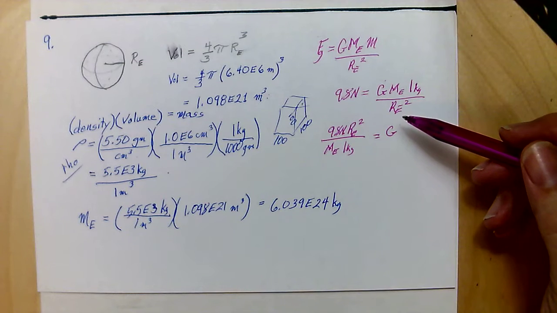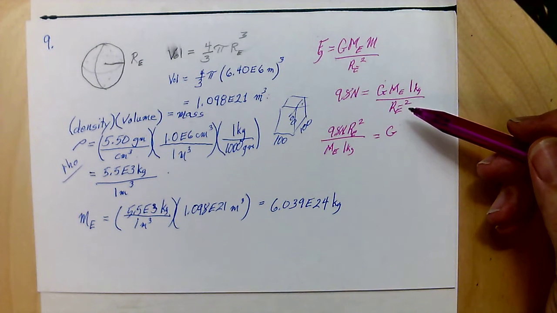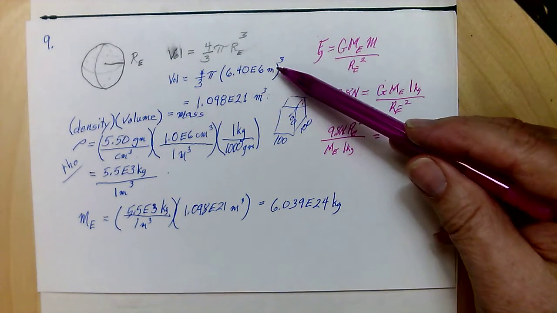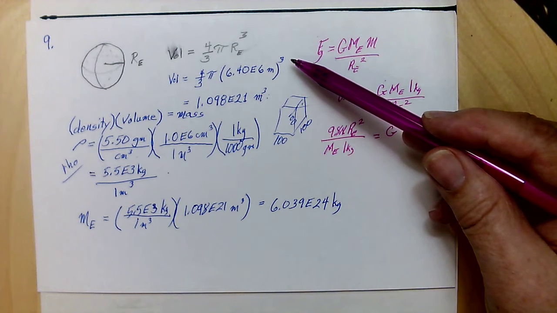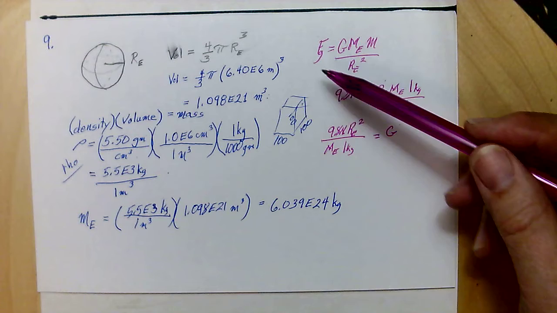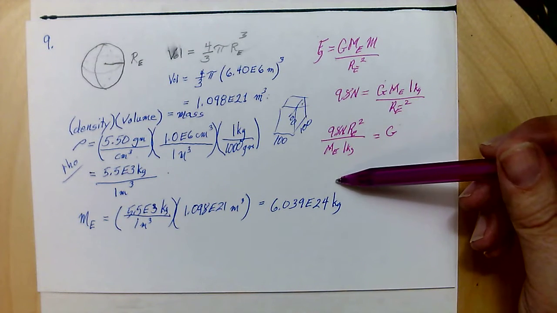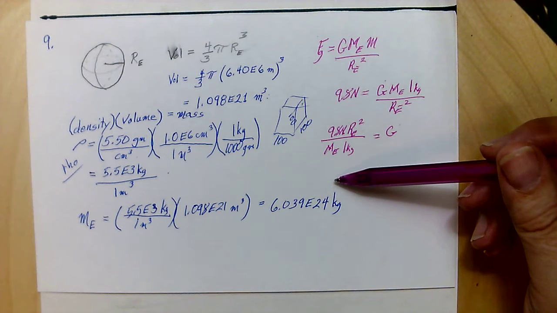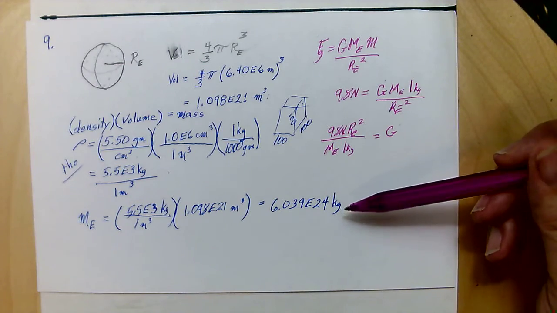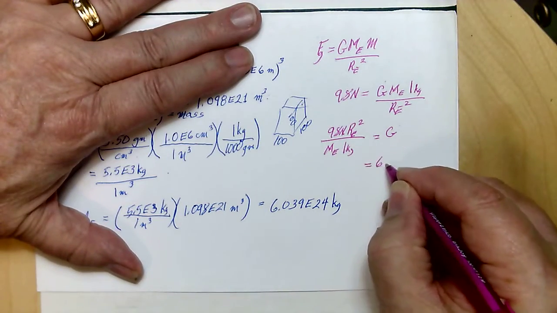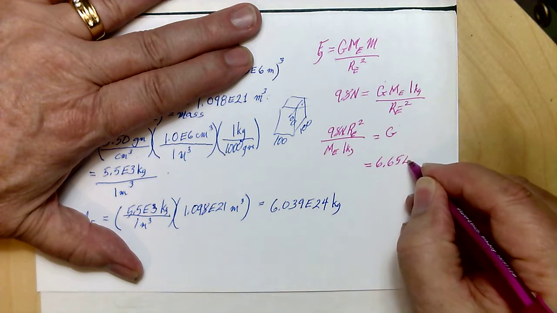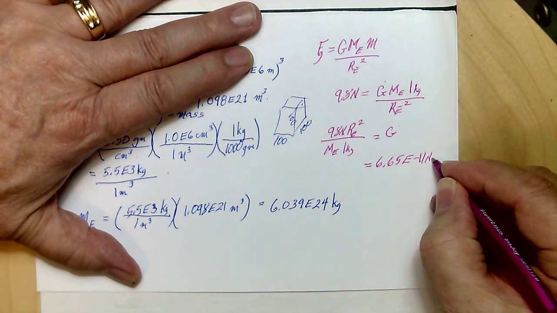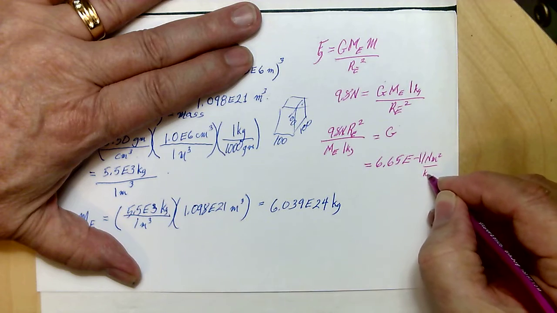And so I've got 9.8 times R squared, which is 6.40 E6, and we're squaring it, and divide it by 6.039 E24, and that gives us a value of 6.65 E negative 11 newton meters squared per kilogram squared.